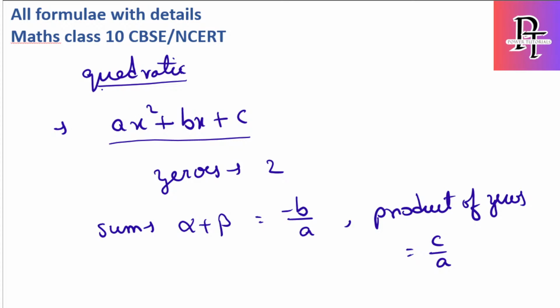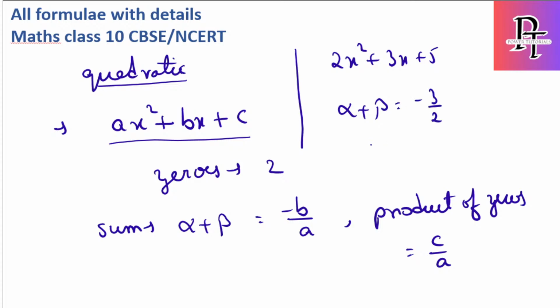This is for quadratic. For example, if I say 2x square plus 3x plus 5, this is a quadratic polynomial, then alpha plus beta will be minus 3 by 2 and alpha beta, that is the product of zeros, will be 5 by 2.